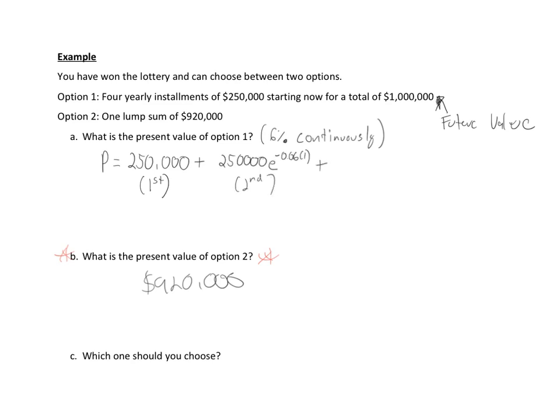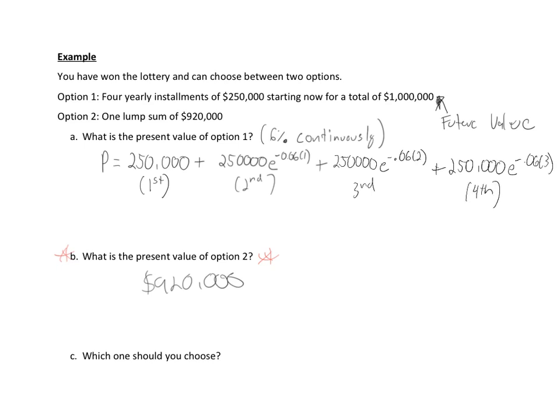The third payment would occur after 2 years have actually passed, so this would be $250,000 e to the negative 0.06 times 2, so this is our third payment. And then lastly, we get one more that would occur after 3 years, so $250,000 e to the negative 0.06 times 3. And so this is our fourth payment.